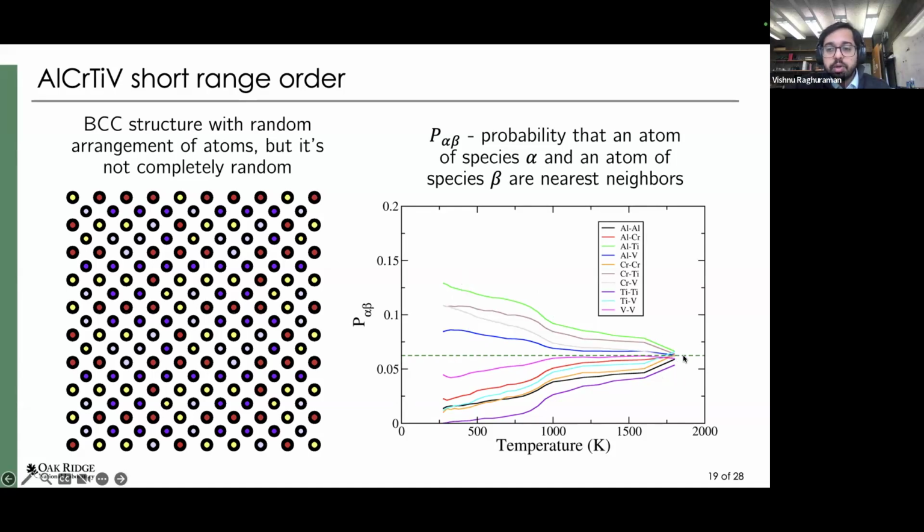At high temperature everything goes there because entropy dominates, but at low temperature you see the emergence of short-range order. So we can take these order parameters at individual temperatures, prepare structures, do Kubo calculations, and see how the resistivity varies, which is what we've done.